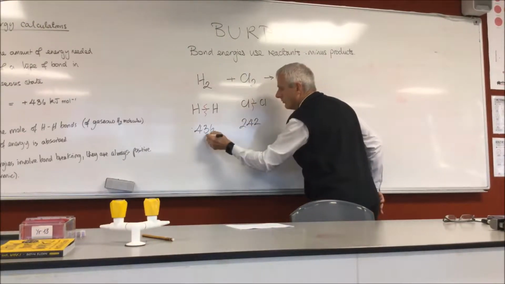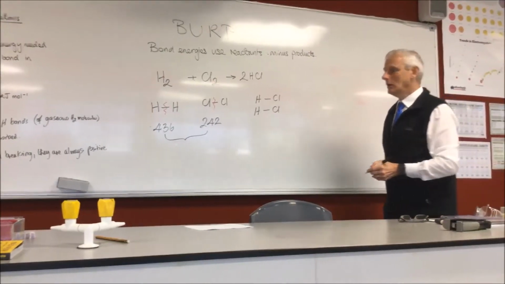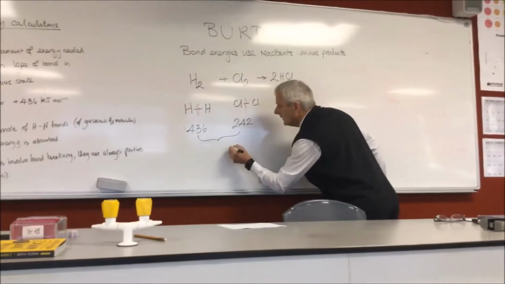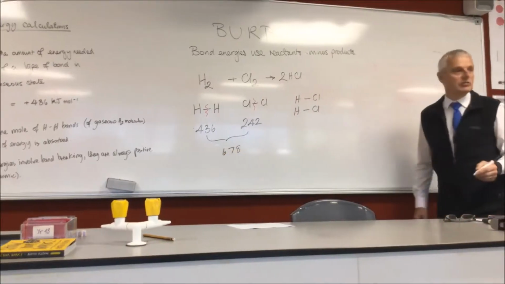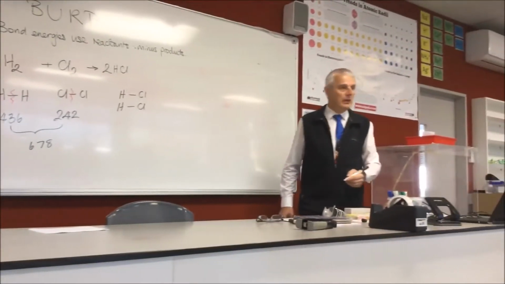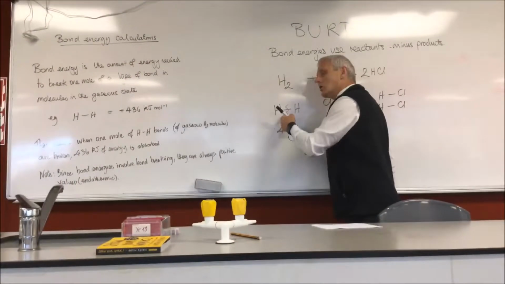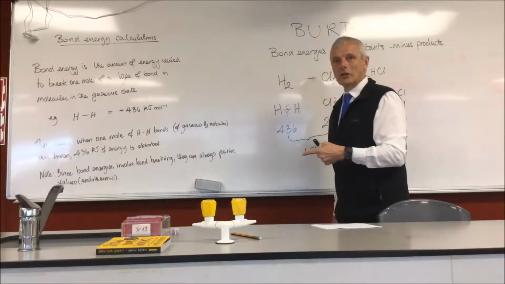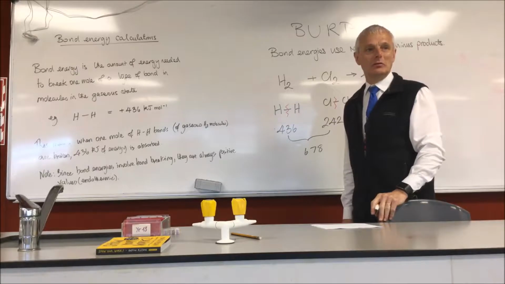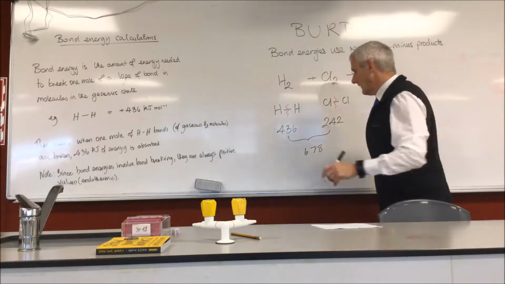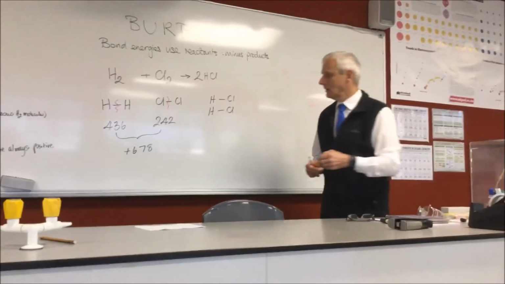So, if I add those two together, then that is 678 kilojoules. Yeah? And I'm needing that to be put in because I'm going to break those bonds, aren't I? So do I put positive values or negative values? Positive values, because you're breaking bonds, okay?